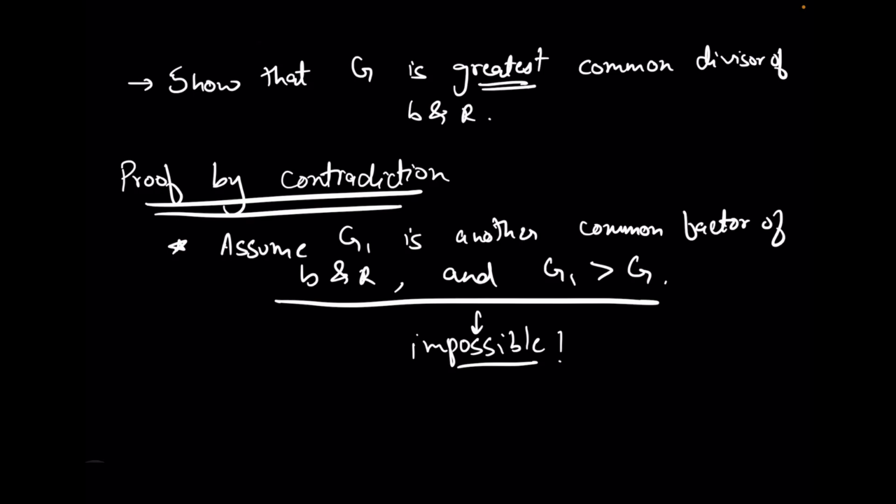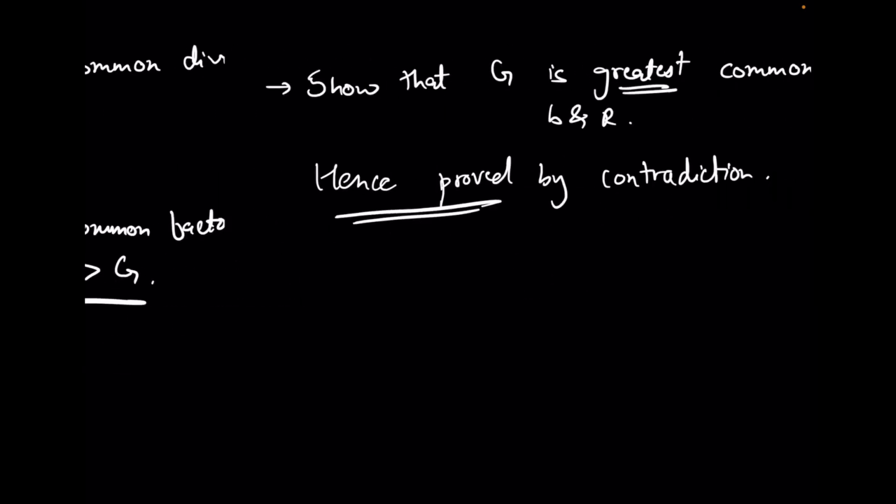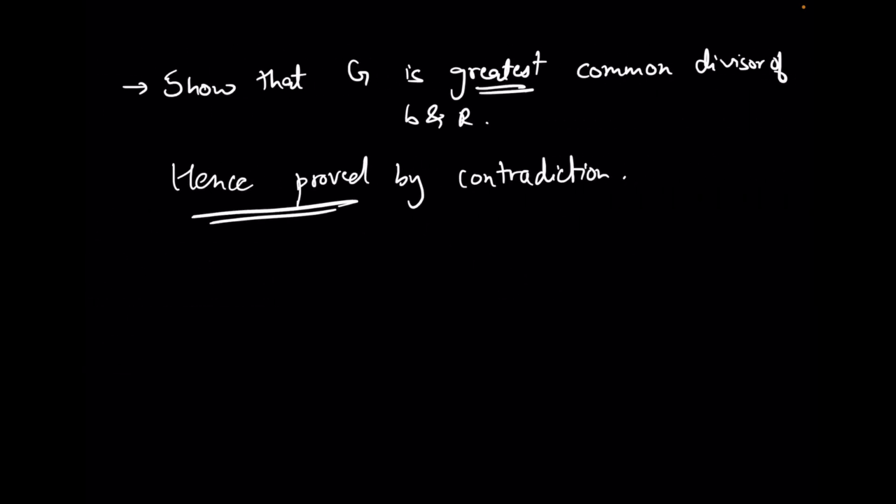And because we can't find any other common factor of B and R that is greater than G, this means that G is the greatest common factor of B and R. Which means that we proved what we set out to prove. So that's great.